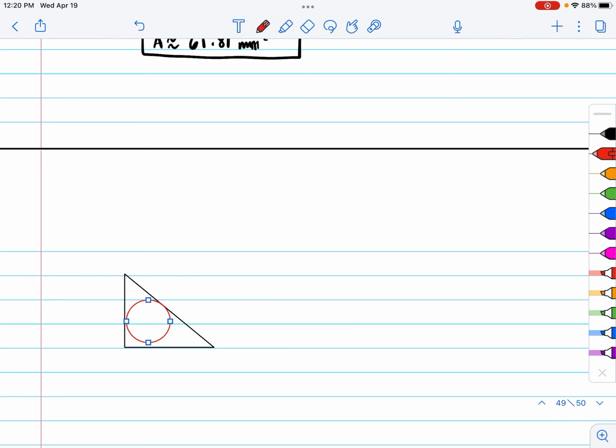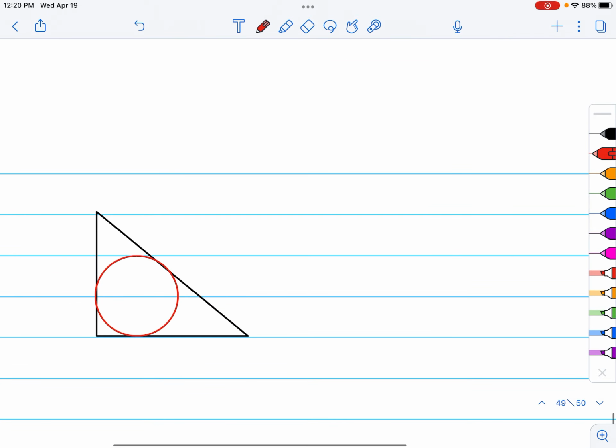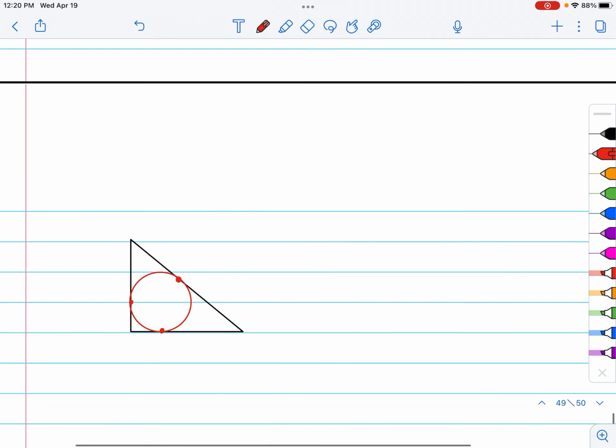And this circle is embedded into this triangle. Now, I can't draw this perfectly, but this is supposed to touch exactly at these points. Okay? This circle is what we call an inscribed circle because it is literally inside the shape.